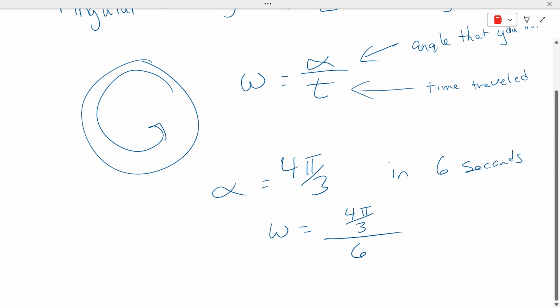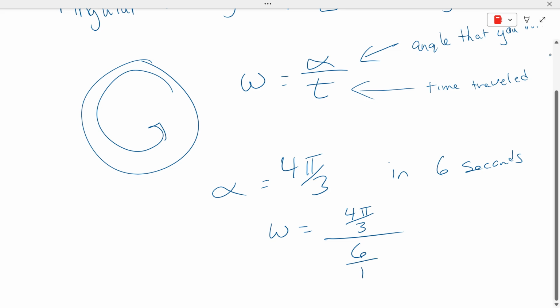Now, what kind of a fraction do you call this fraction? You learned this in Algebra 2. Well, you were taught this in Algebra 2. You maybe didn't learn it, but you were taught it in Algebra 2. Yep, you're right. A complex fraction.